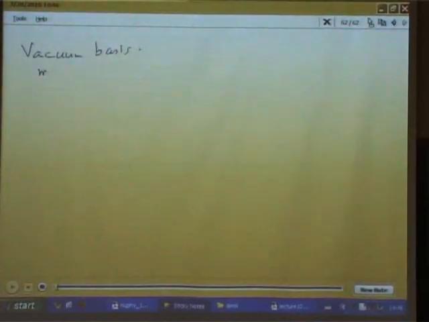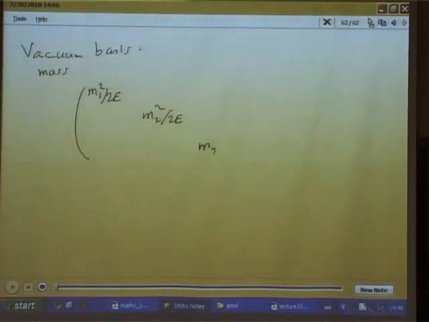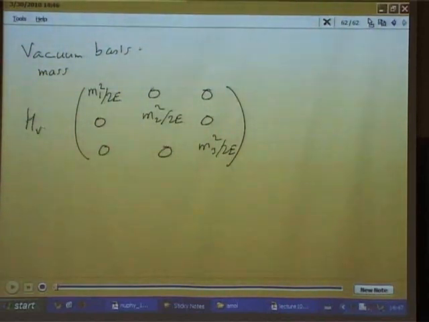So this is vacuum. It will basically look something like m1 square by 2E, m2 square by 2E. This one we can call H, the Hamiltonian m square by 2E.